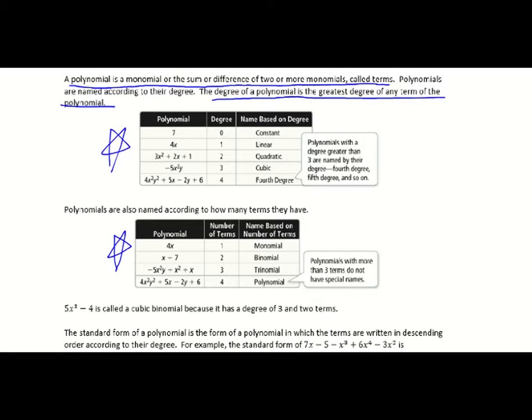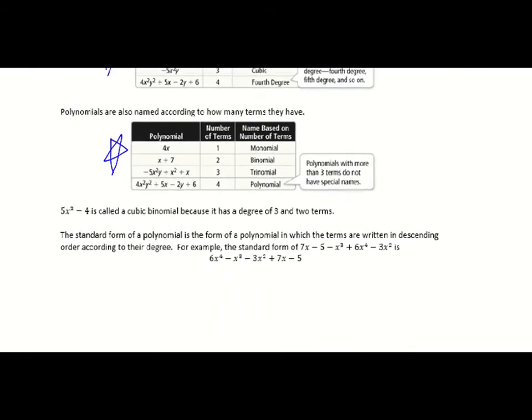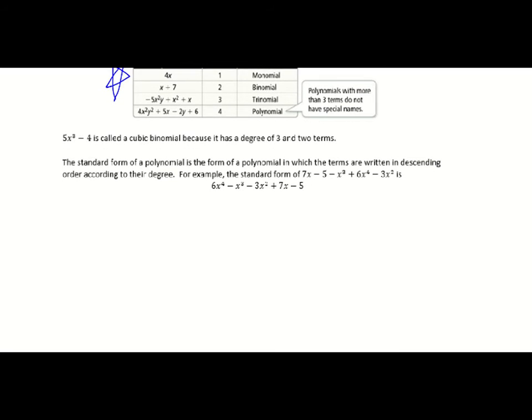So it is very important that we pay attention to our exponents when we're looking at polynomials. The other way we're going to name them is based on how many terms they have. So we need to look to see, do they have 1, 2, 3, 4 or more terms, so we know exactly how to name it. One process that we're going to use to help us name these correctly is writing our polynomials in something called standard form.